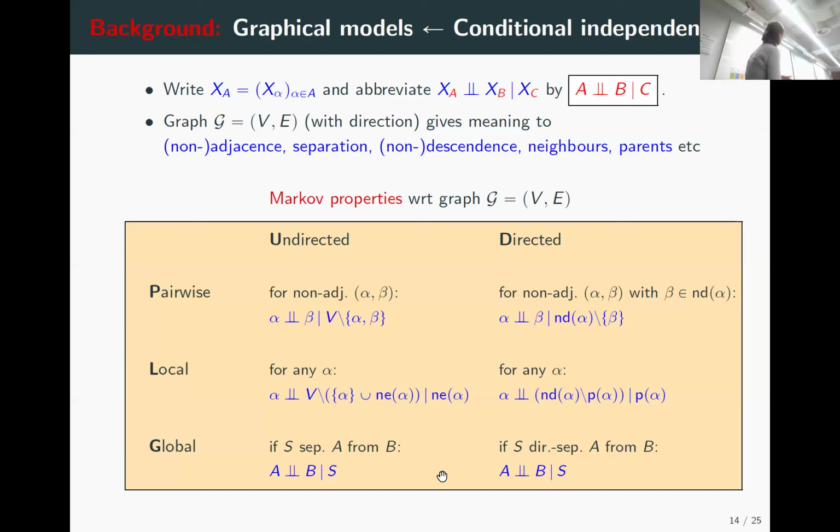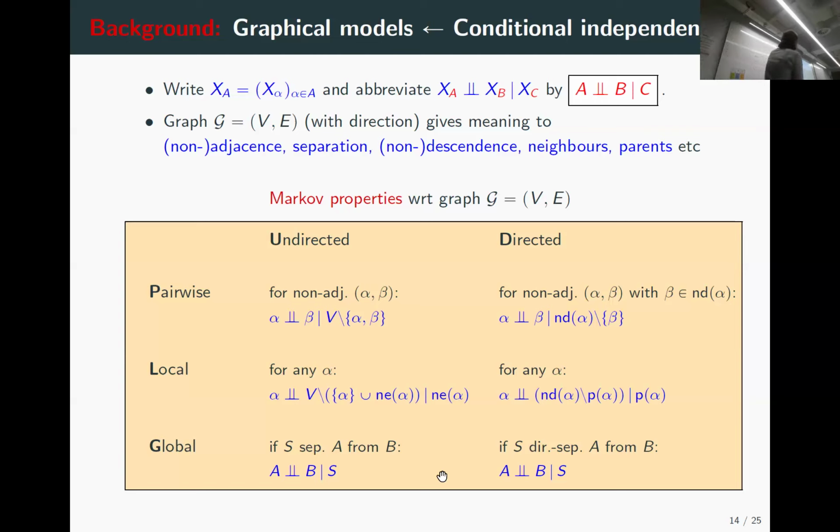Here is something I learned from the book of Lauritzen. There are various ways to encode graphical models in a setting where you have a graph, where each node corresponds to a random variable.